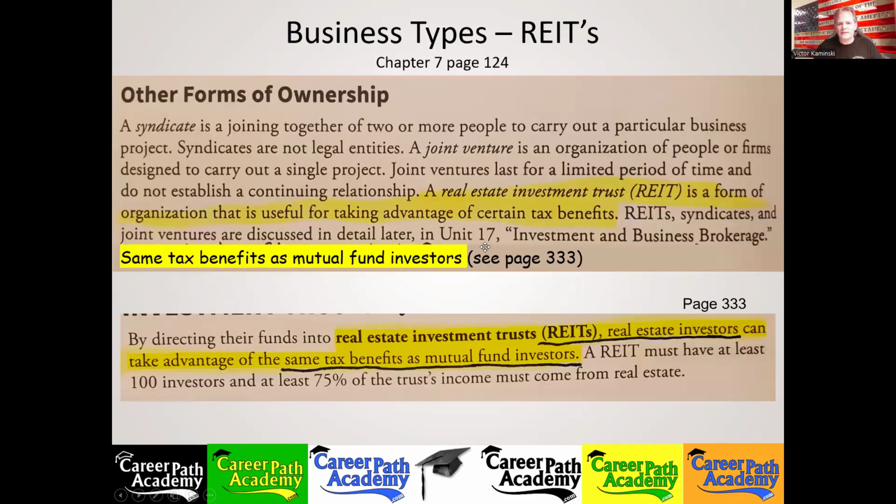So here we can highlight that now on page 124. Real estate investment trust, REITs, is a form of organization that's useful for taking advantage of certain tax benefits. They get this, and then right down there at the bottom, they get the same benefits as mutual fund investors. And then the definition of a real estate investment trust: real estate investors can take advantage of the same tax benefits as mutual fund investors.